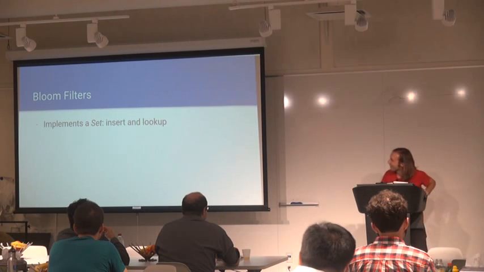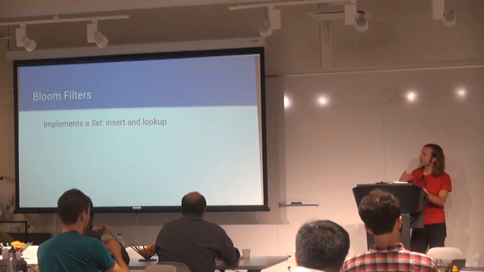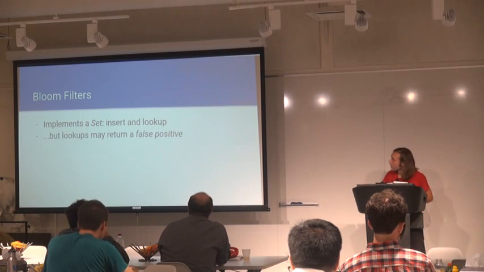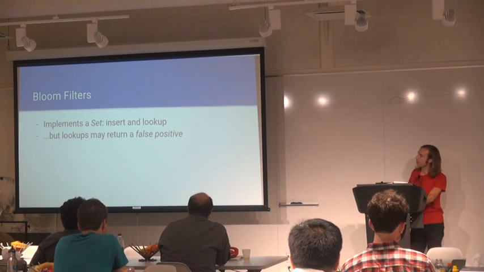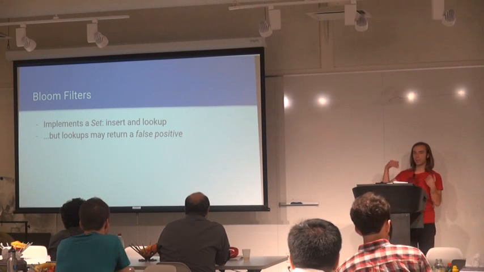So anyway, a bloom filter is a set. So the API it gives you is an insert and lookup. Lookups can return a false positive. In other words, you can ask the bloom filter, is this object in the set?